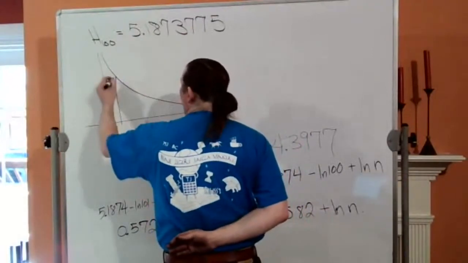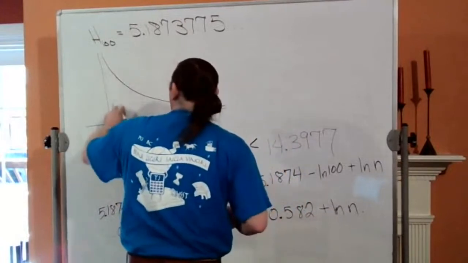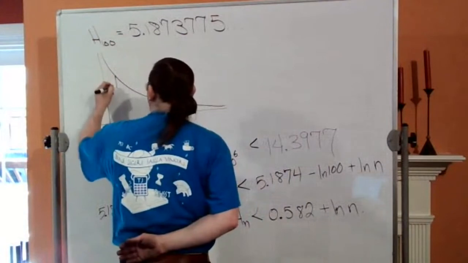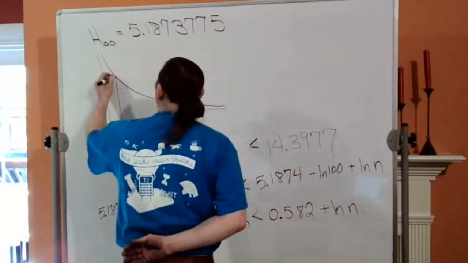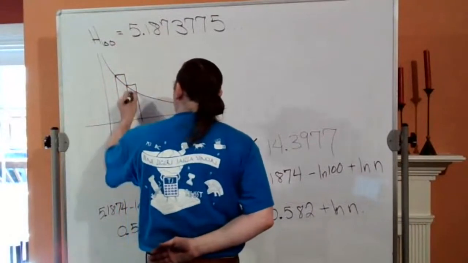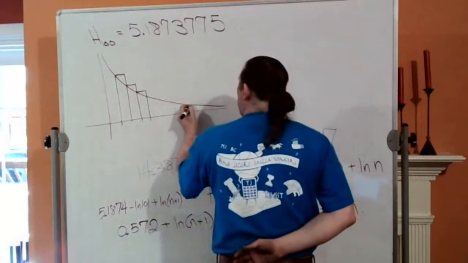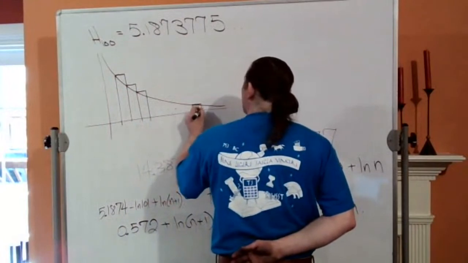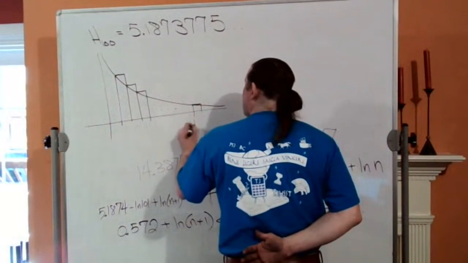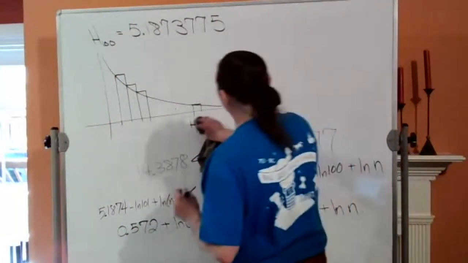Now here, instead of starting at n, I'm going to start at 1. Okay? And I'm going to go all the way out to n. Okay? This is just n.